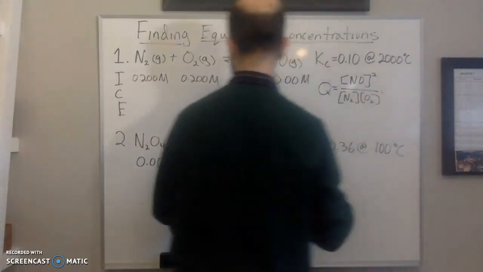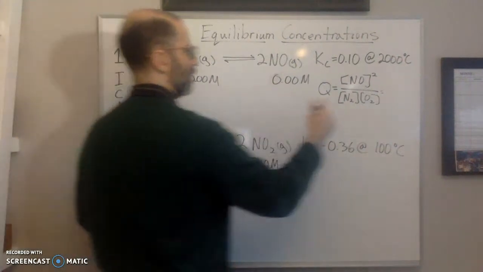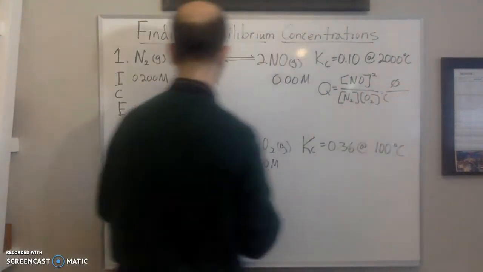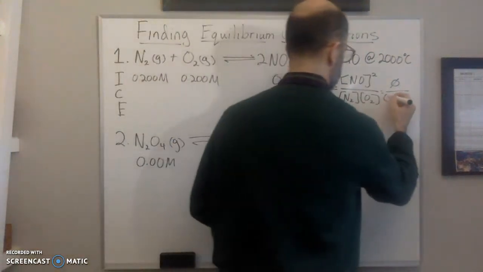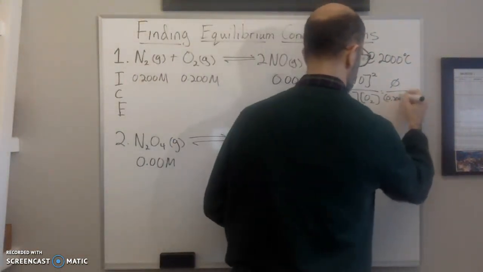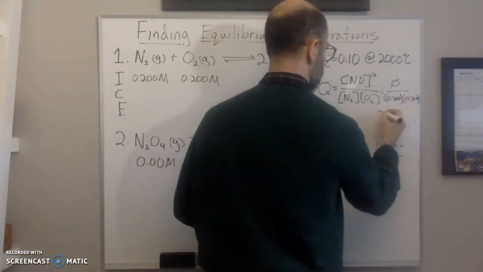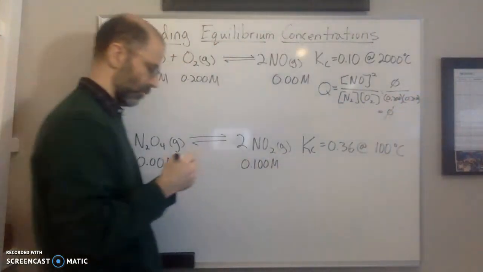If we plug in these values, this is going to be 0 over 0.200 multiplied by 0.200. Obviously, that's going to be 0.